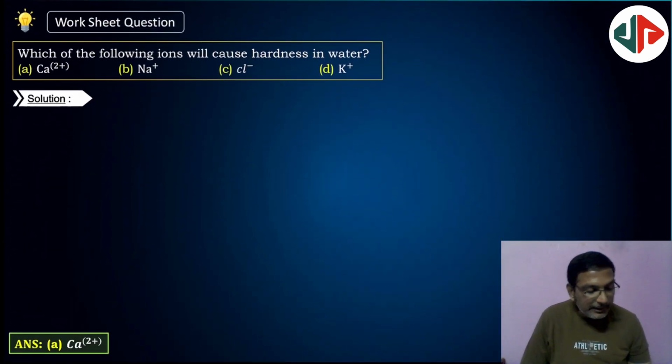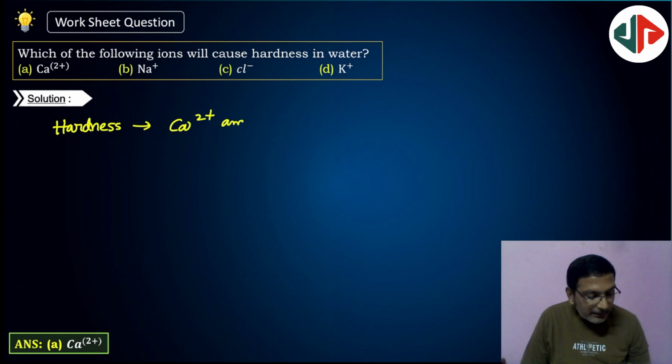Which of the following ions will cause hardness in water? Hardness is due to calcium ions and magnesium ions. Next. Here I will change option. Here take one more ion.